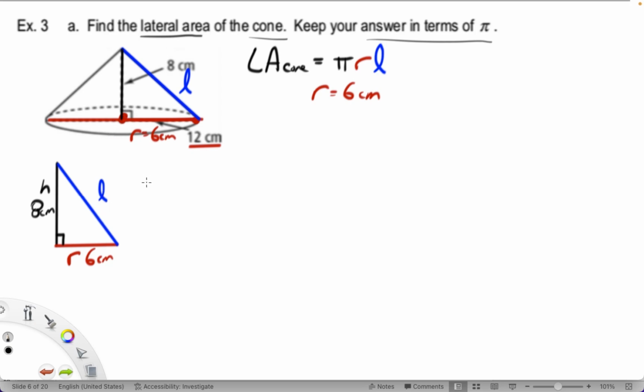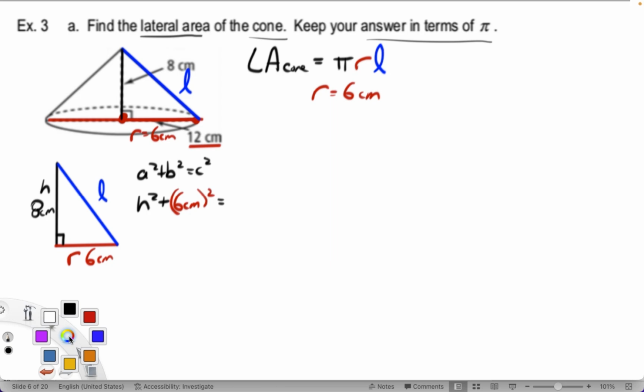So I know that a squared plus b squared equals c squared. Or in this case, h squared plus 6 centimeters squared is going to equal, in this case, what we want is L squared.